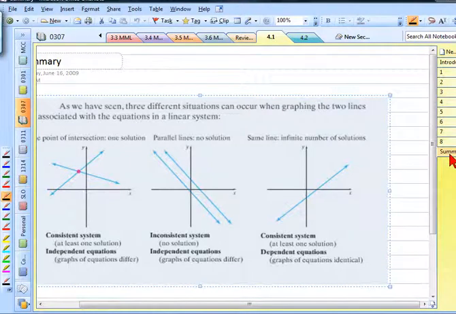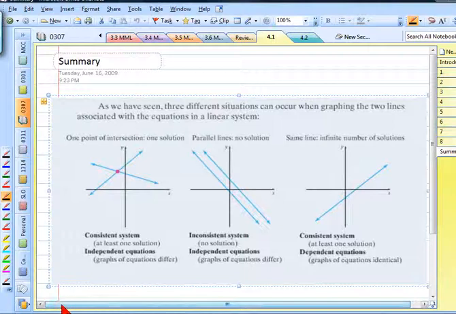This is a drawing that's in your electronic version of the book. Up at the top it says, as we have seen, 3 different situations can occur when graphing the 2 lines associated with the equations of a linear system.